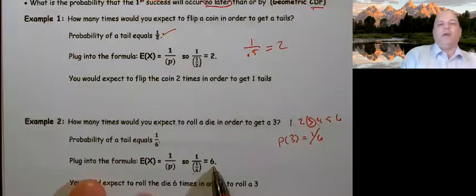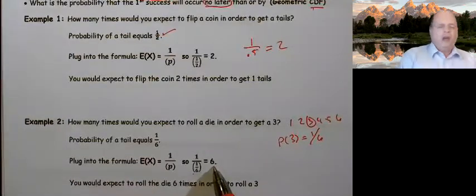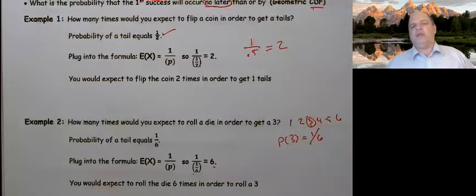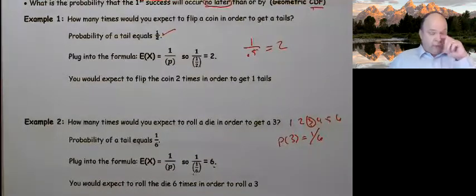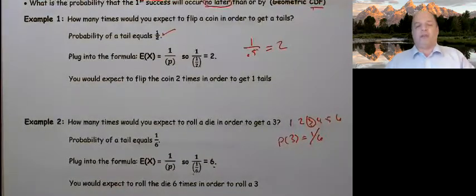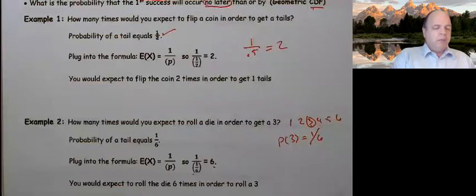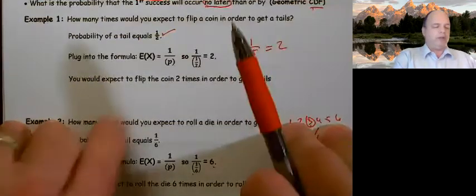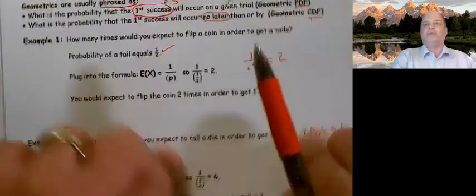I'm like, oh, if I roll it 6 times, one of those should be a 3. Does that mean it's going to happen on the 6th one? No. It could happen on the 1st one. It may happen sometime after the 6th time. But on average, if we did it over and over again, we would expect it to be the 6th one. So on average, we would expect to have to roll it 6 times.